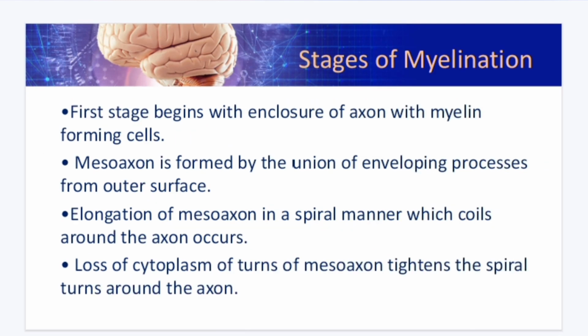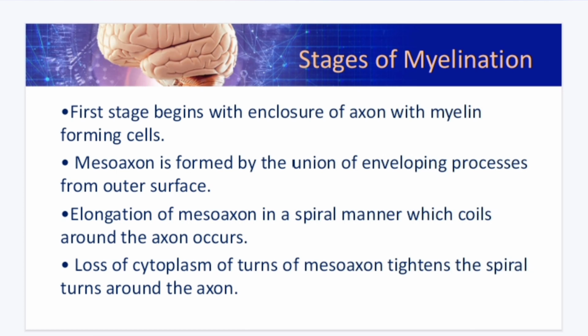So let's discuss the stages of myelination. The first stage begins with the enclosure of the axon with myelin forming cells, that are Schwann cells. The enveloping processes from the outer surface unite and form the mesaxon.